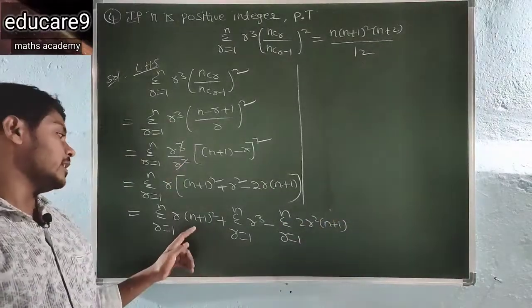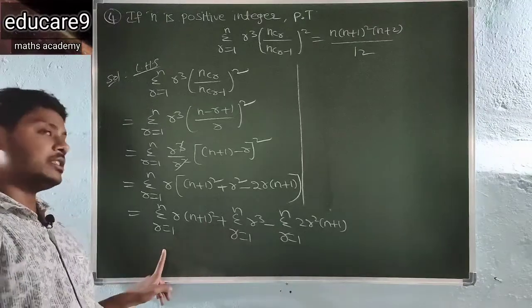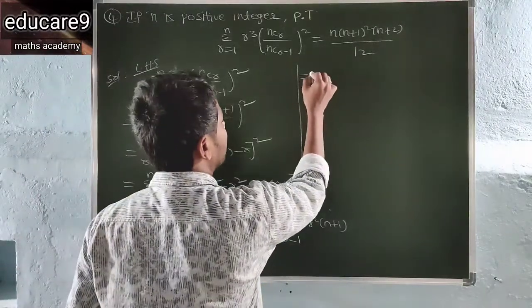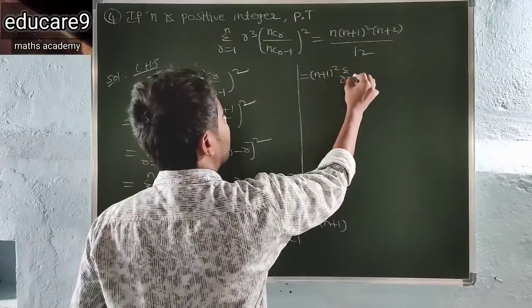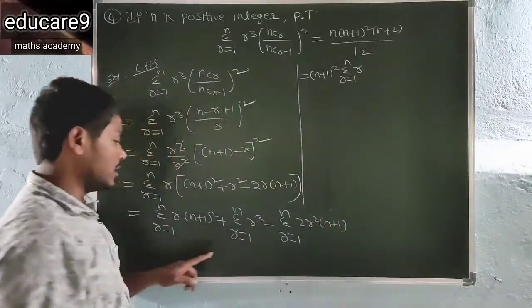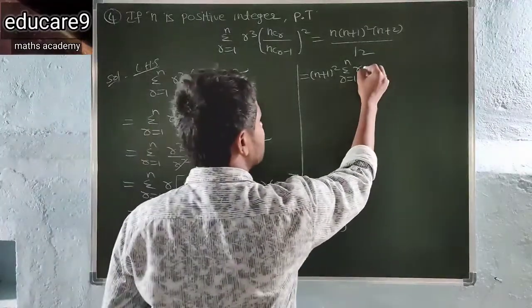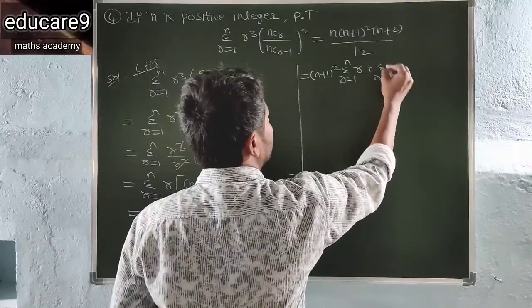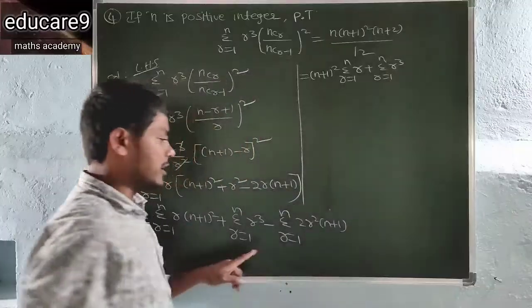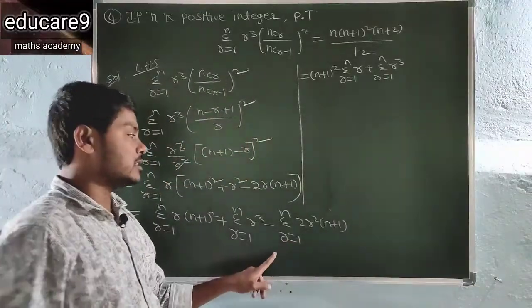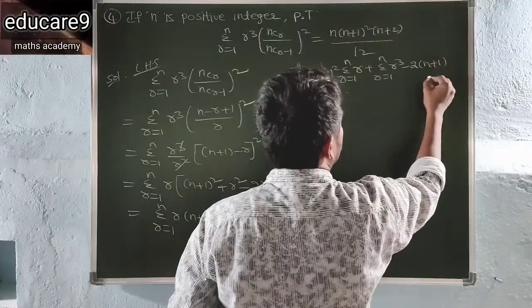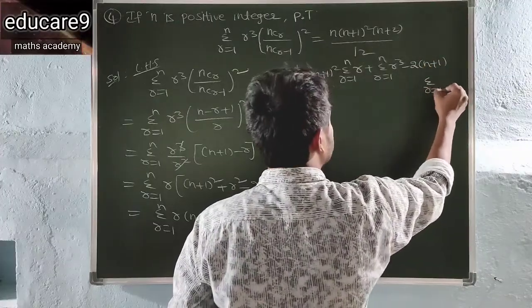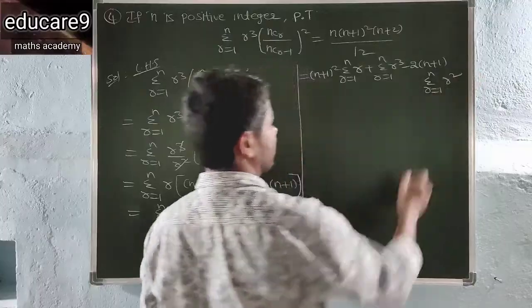Now here (n plus 1) whole square does not depend on sigma. So we write (n plus 1) whole square into summation r equals 1 to n r, plus summation r equals 1 to n r cube. Here also 2 into (n plus 1) does not depend on sigma. Therefore 2 times (n plus 1) into summation r equals 1 to n r square.